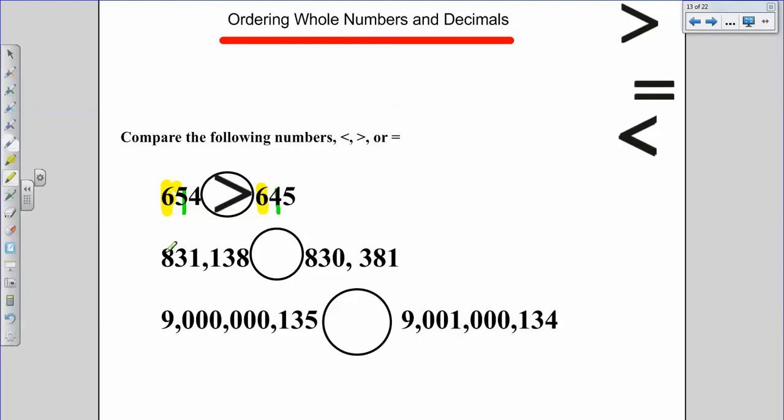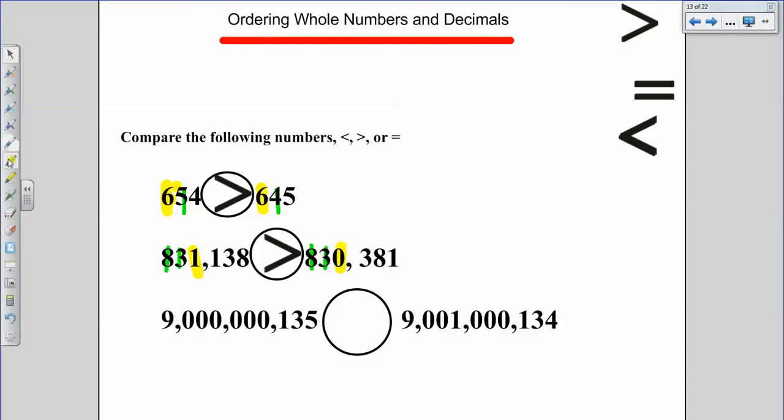Okay, let's take a look at my next one. My 8s are the same, 3s are the same. Ooh, looks like I'm going to have something different. I've got 1,000 or 0,000. So that means that 831,000 is greater than 830,000.